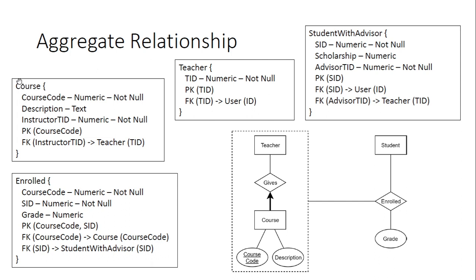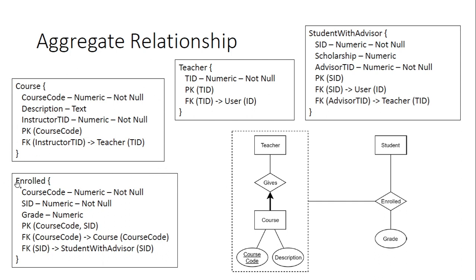And remember, we decided to implement the gives and course tables by merging them. Because of this one-to-many and total participation on the non-repeating side setting, we were able to merge them. Since we have merged these, now the enrolled relationship should refer to the table that contains this gives relationship. And since we merged gives with course, now the gives relationship is inside the course table.